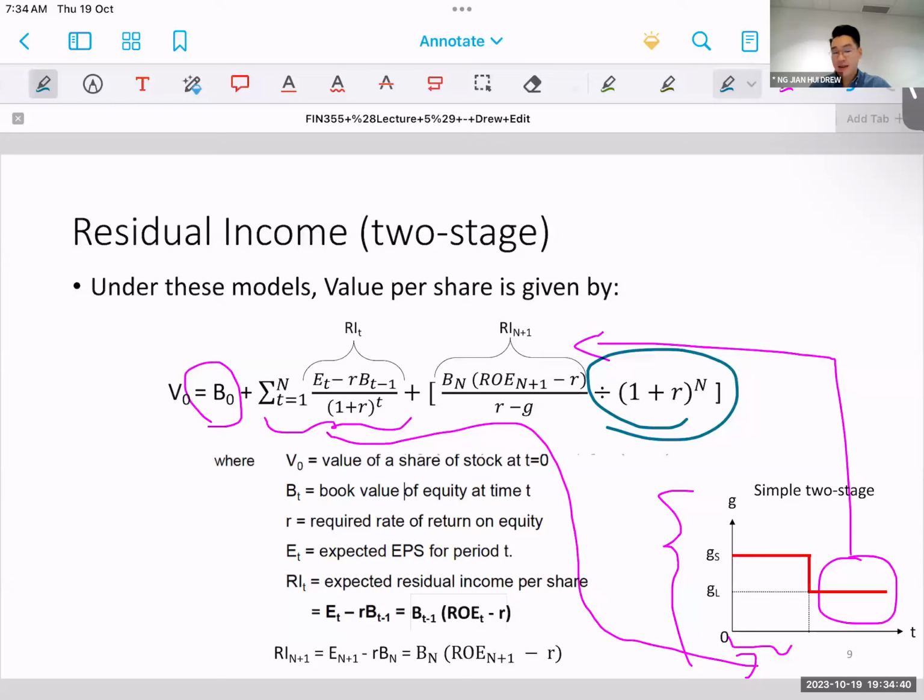Yeah, to calculate PV. That's correct. Totally correct. So we just need to bring everything back. We need to PV the growing perpetuity residual income all the way back. Yeah, correct, PV of TV. But in this sense, we don't quite PV it like a cash flow, because they are economic income.